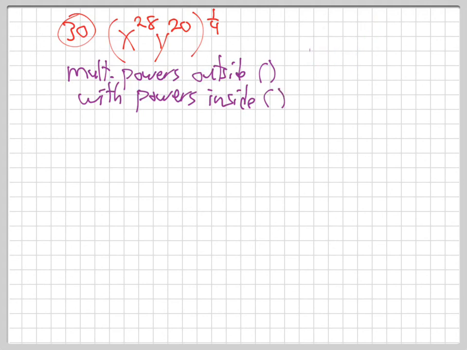That's right. So that means I've got to take that 1/4. That's a 1/4 there. And I've got to multiply. So what's 1/4 of 28? 7. And 1/4 of 20? 5, and we're done. It just multiplies, and since it's a fraction, it really divides, doesn't it? Those powers.